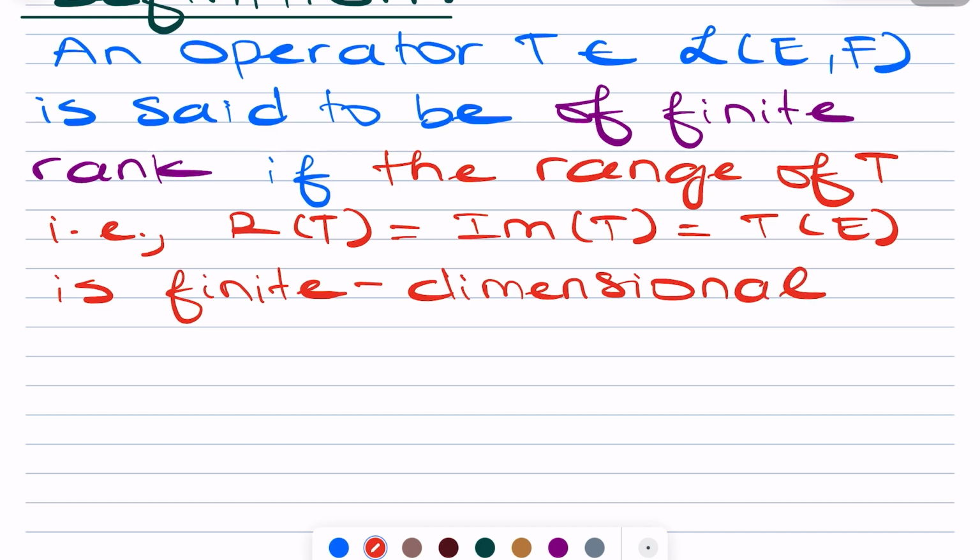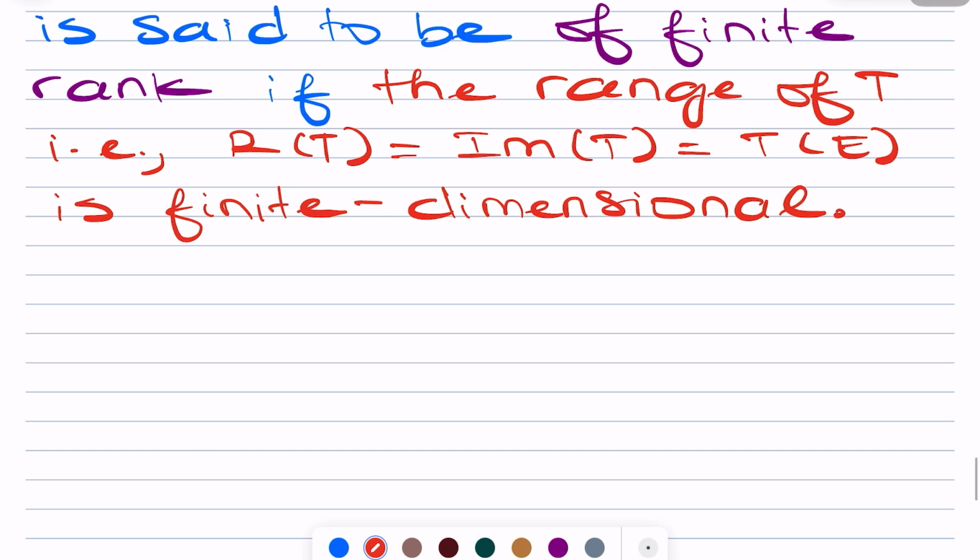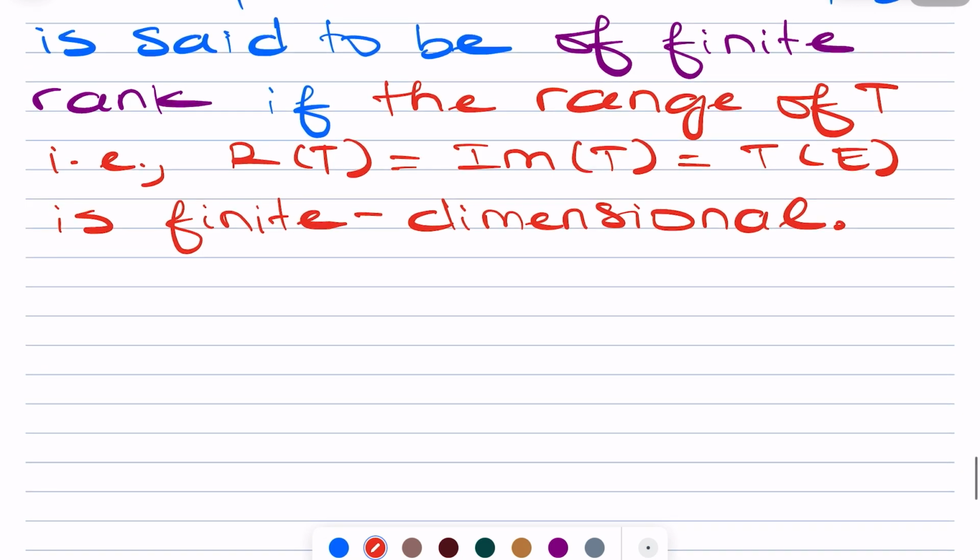So if you have a linear bounded operator for which the range is finite dimensional, then we say that that operator is of finite rank.